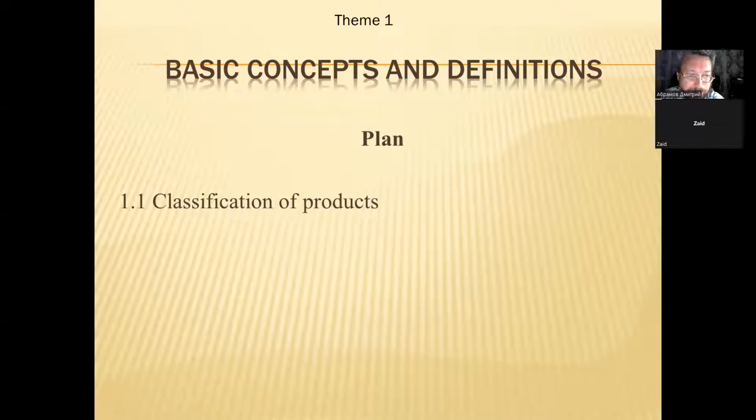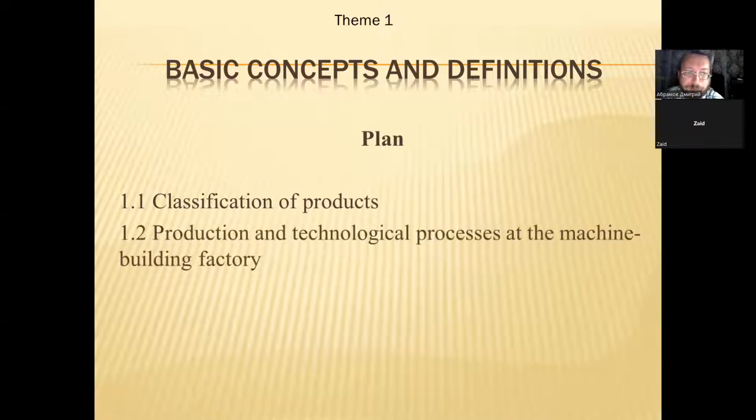Item 1.1, classification of products. One point two, production and technological processes at the machine building factory.